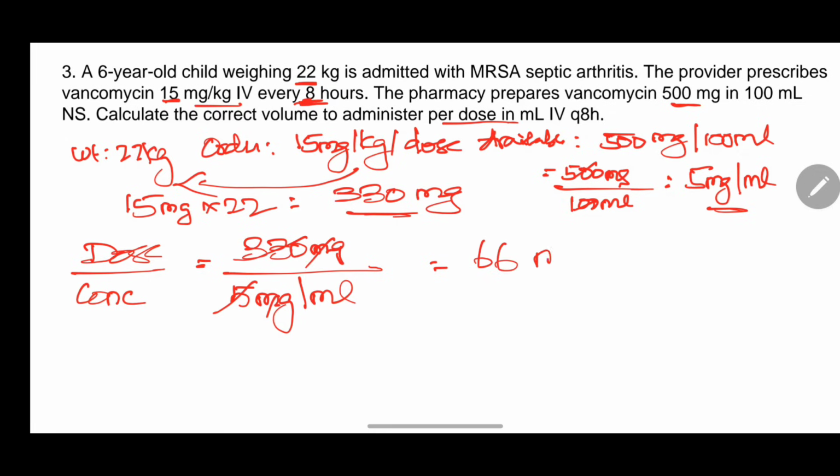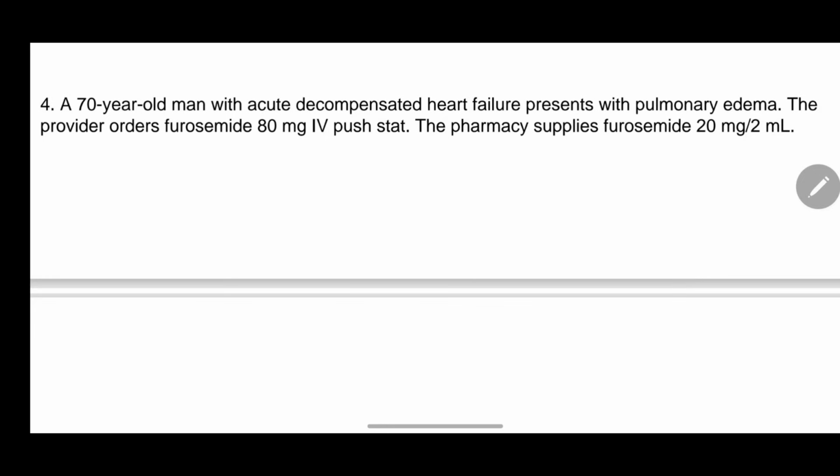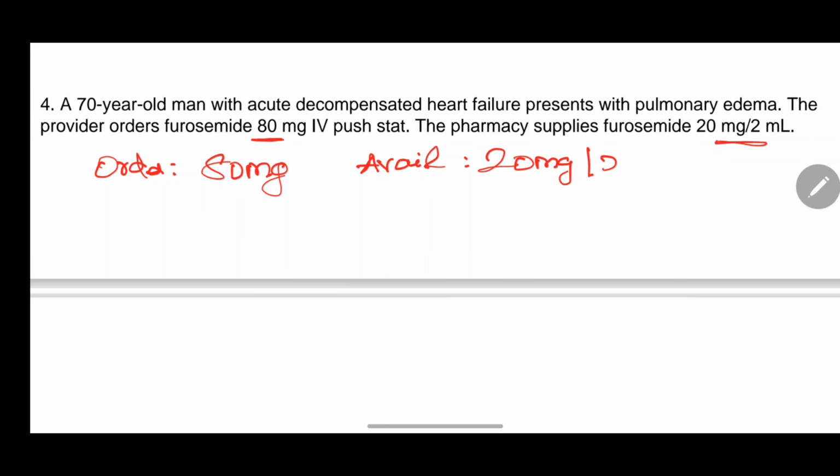So now it is 66 ml. Next question, a 70-year-old man with acute decompensated heart failure presents with pulmonary edema. The provider orders Furosemide 80 mg IV push stat. The pharmacy supplies Furosemide 20 mg per 2 ml. So the order is 80 mg IV stat. Available is 20 milligram per 2 ml.